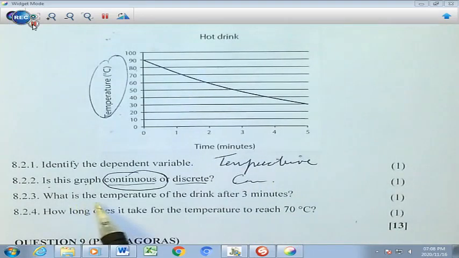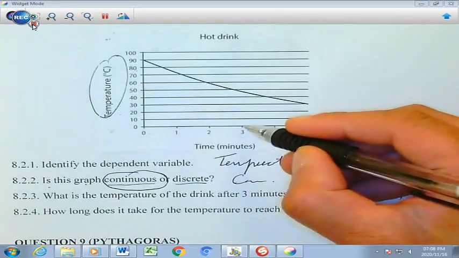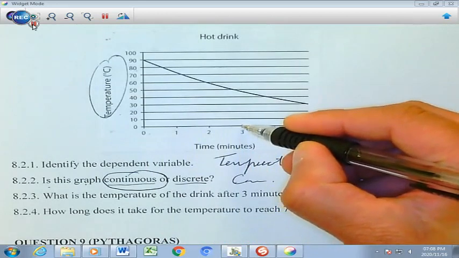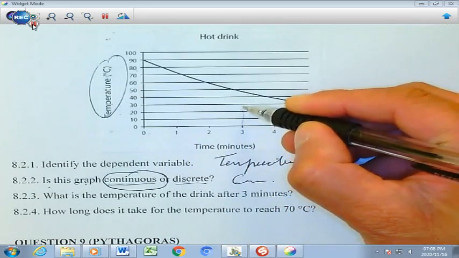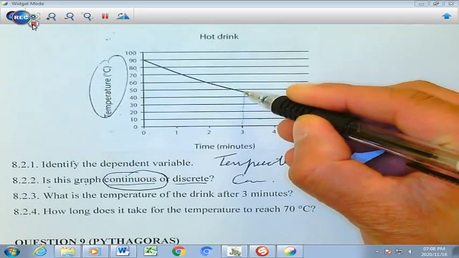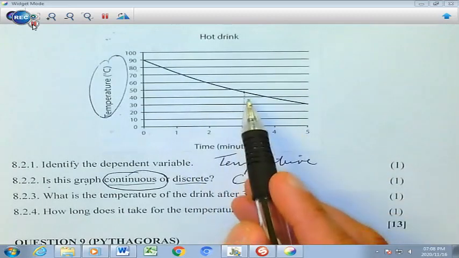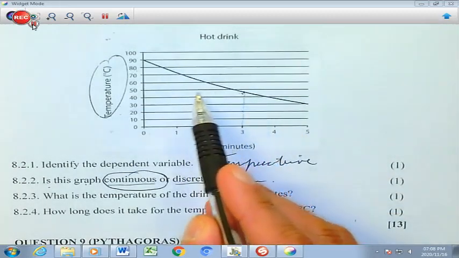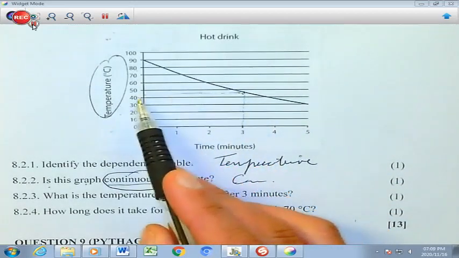8.2.3, what is the temperature of the hot drink after 3 minutes? So you look at the amount of minutes, that's 3 minutes over there, and you're going to try and work out some sort of coordinate here. What is the temperature after 3 minutes? And you link that temperature to something here, and if I must be accurate, it is between 50 and 40.